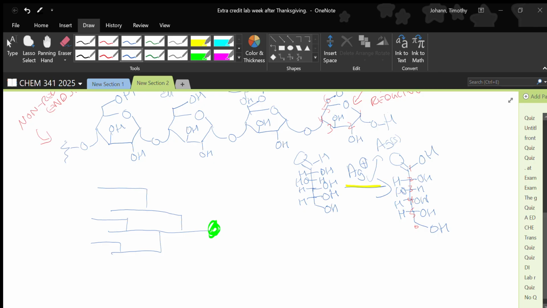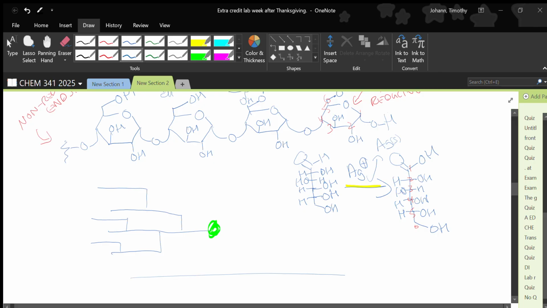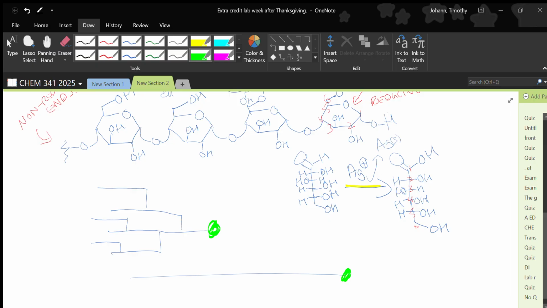So instead of having a single linear polymer that needs to be broken down to release glucose from glycogen, here I can break this down 6 times as fast. But what type of end would be there? These are the non-reducing ends, and the reducing end is over there stuck onto the protein. Okay? Does that make sense?